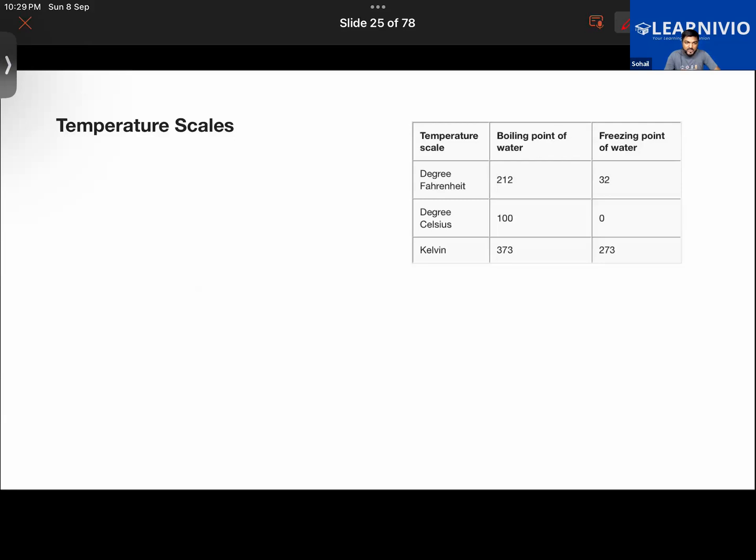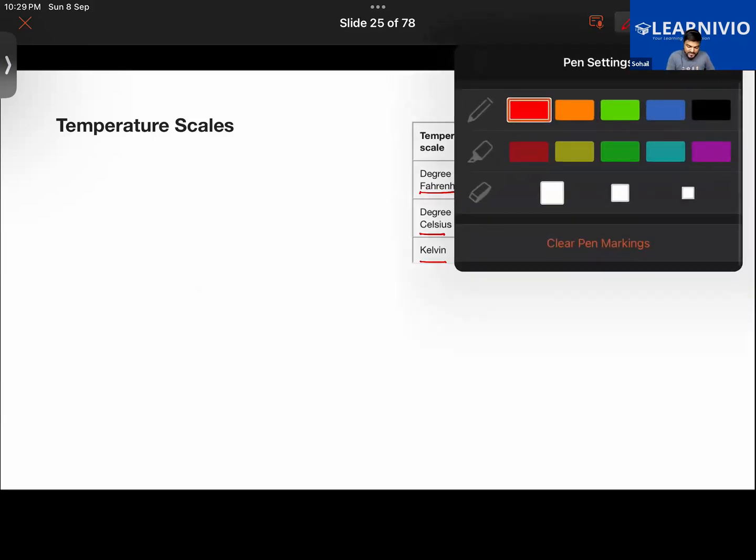Okay. There's one more thing. As we know, there are different scales in which temperature can be measured. They are as follows: the Fahrenheit scale, Celsius scale, and then there is the Kelvin scale also. Now look at the respective temperatures.